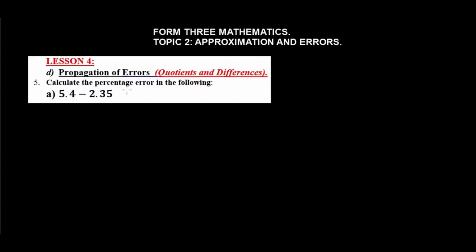So the first one is a difference at A: 5.4 minus 2.35. So the solution to this, first of all, we have to determine the actual value, that is the actual difference, which is 5.4 minus 2.35, just from the values provided there, and that should give us 3.05.